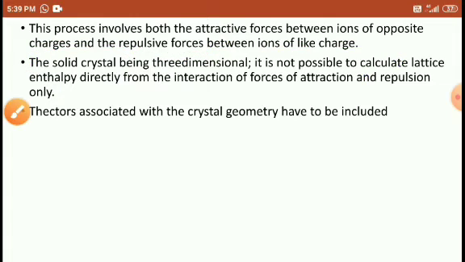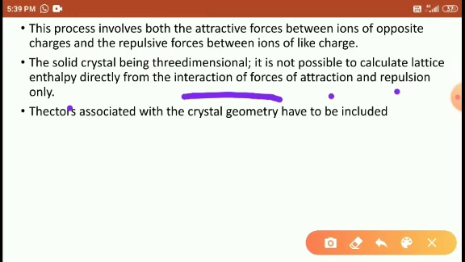You cannot calculate the enthalpy of any crystal directly from the attraction and repulsive forces only.